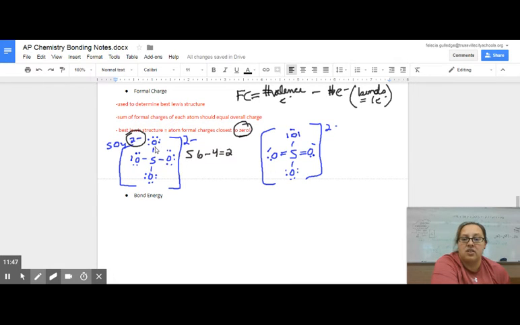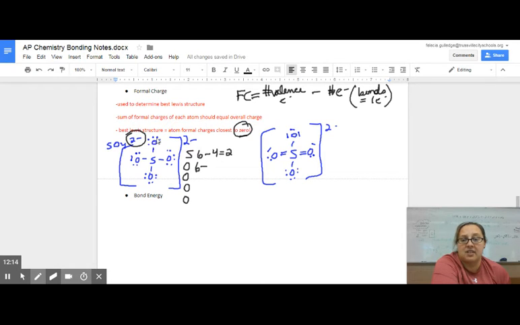Now let's do the oxygen. You notice all of these oxygens are single bonds, so all of those oxygens will be the same. The number of valence electrons that oxygen has is 6. And the number of electrons that oxygen has here is 1, 2, 3, 4, 5, 6. A bond counts as what? 1, so 7.